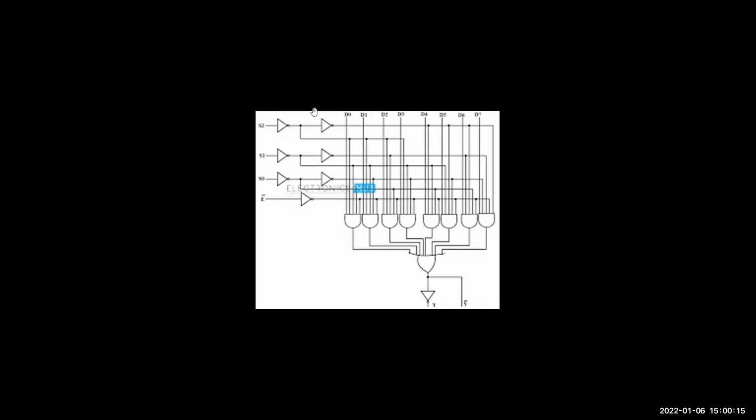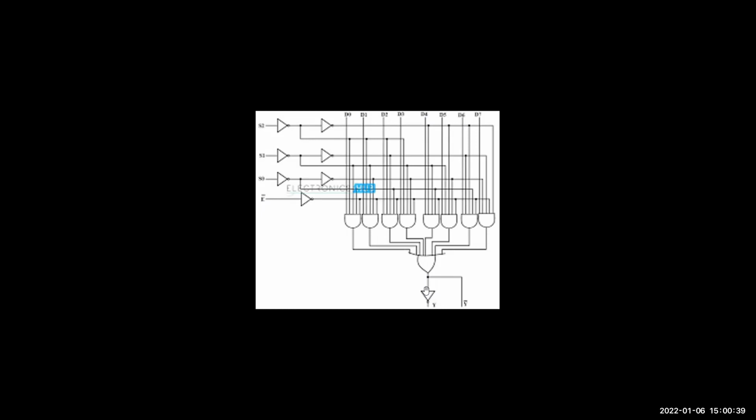Okay, so here you can see these are the 3 select lines: this is S0, this is S1 and this is S2. These are the input data lines, D0 to D7, and one enable input. After that we get the output here.